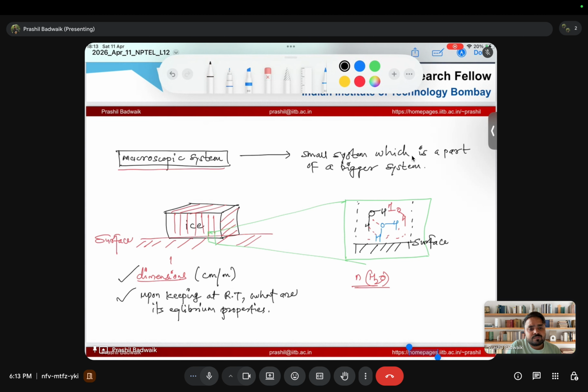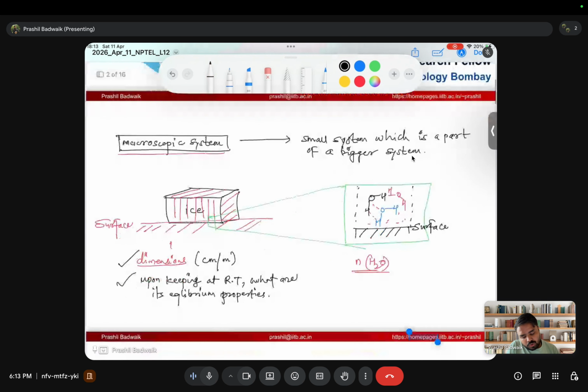If I want to study these things, then how much time does it take for the melting and understanding the properties? You know that it will take minutes and hours. That's where the idea comes that the system that we are now studying has dimensions of centimeters and minutes.